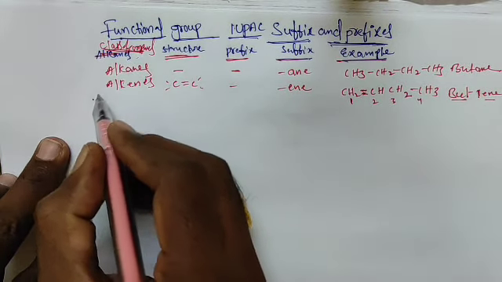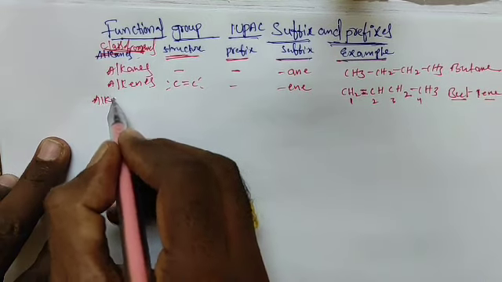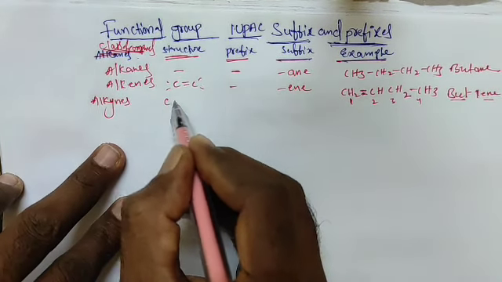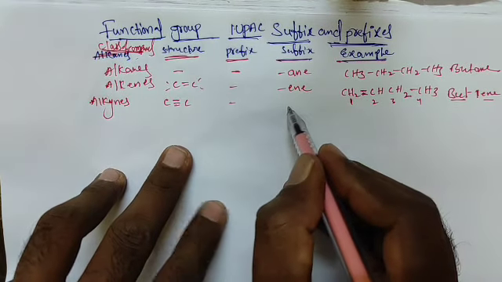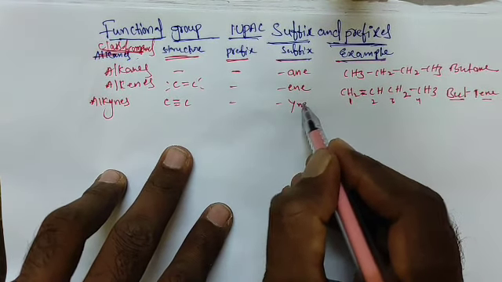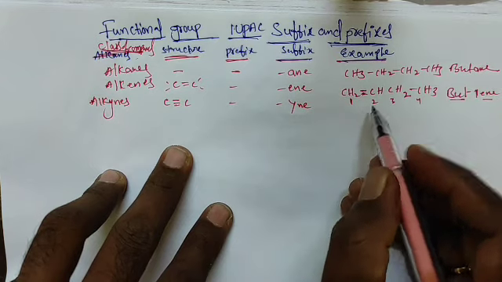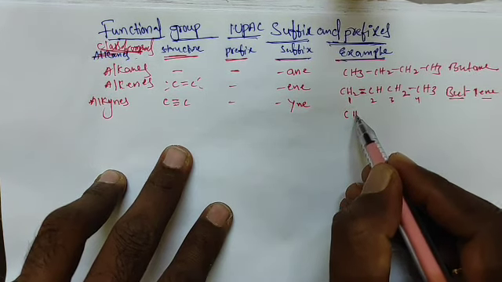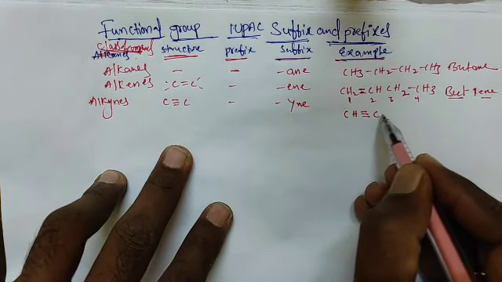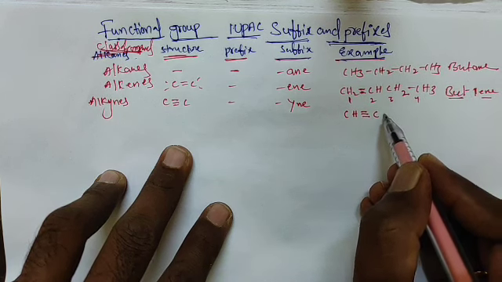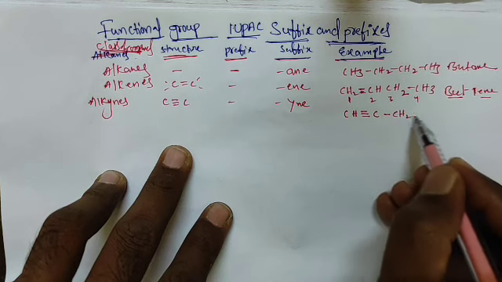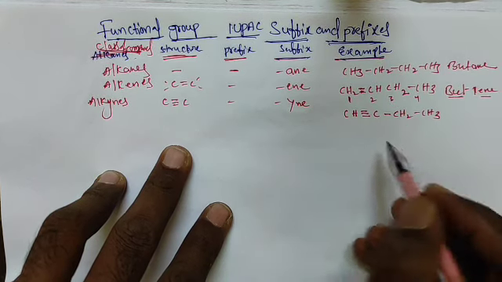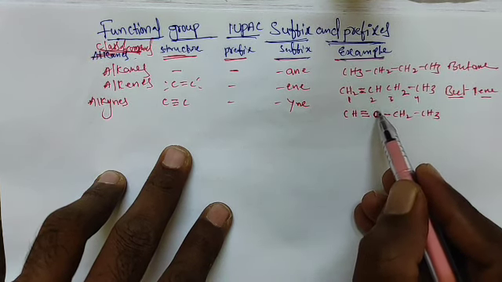Next, alkynes: C triple bond C. There is no prefix. Suffix is yne. Example: CH triple bond C, CH2, CH3. Why does this carbon have no hydrogen?